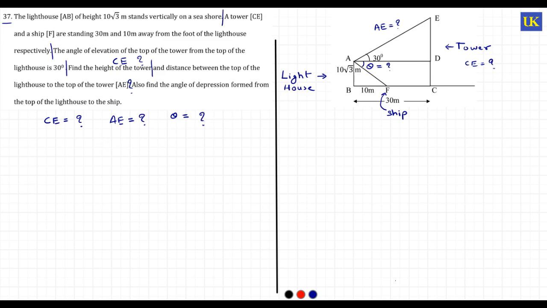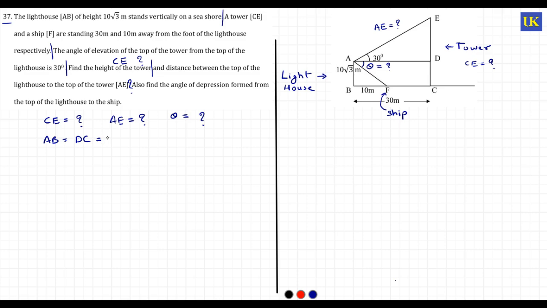Okay, now let us begin. What else have they given us? They have given us the distance of AB, which is also DC, one and the same.